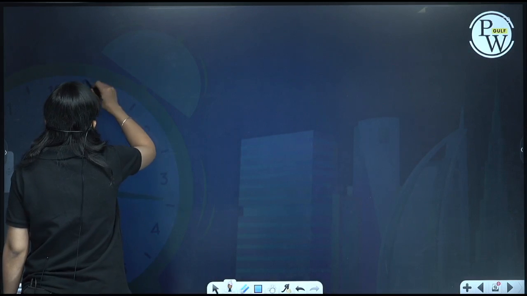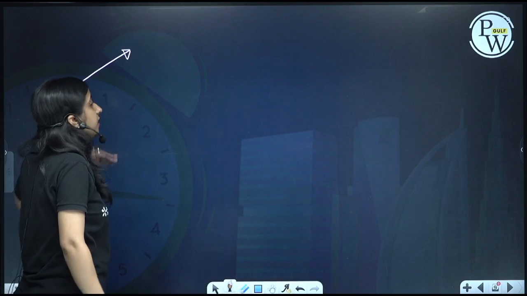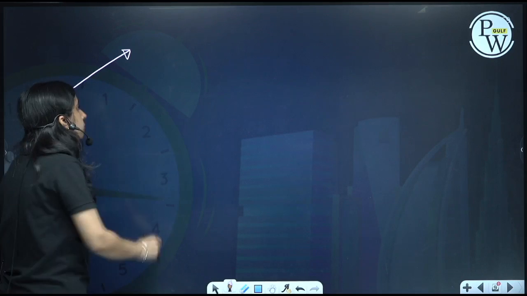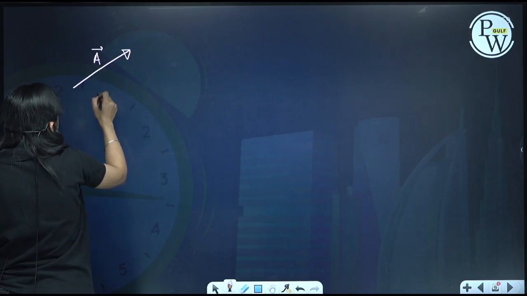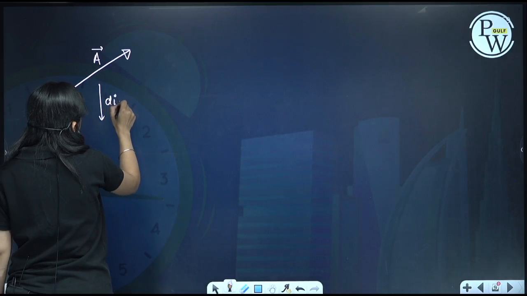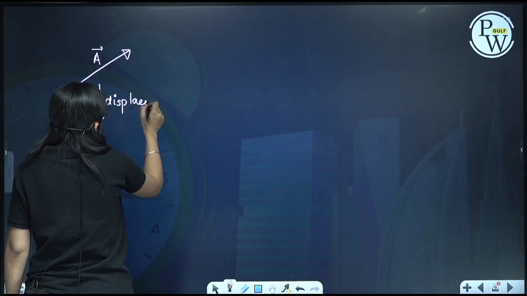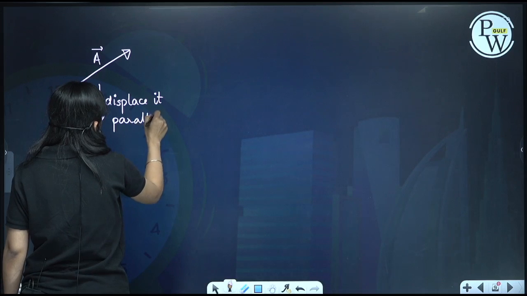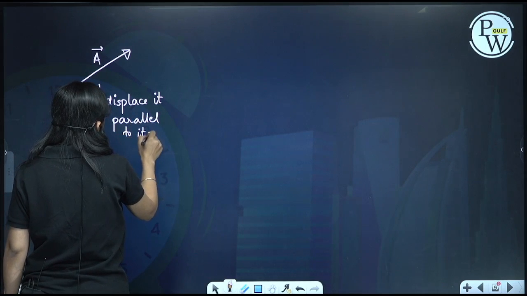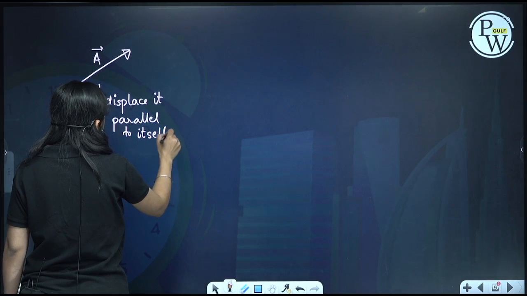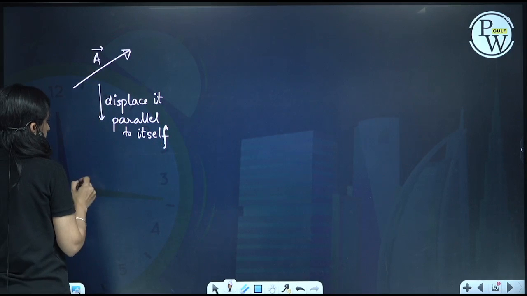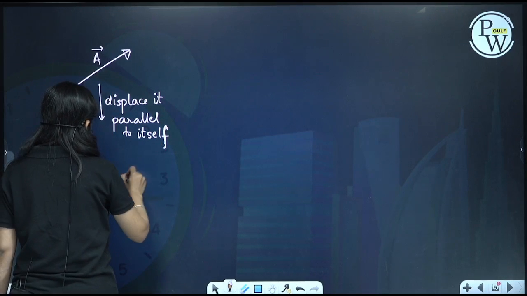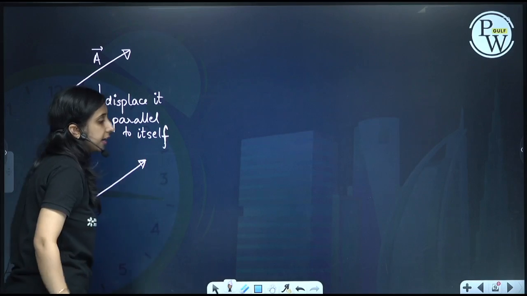If this is my vector and I displace it parallel to itself, I will draw its vector like this.